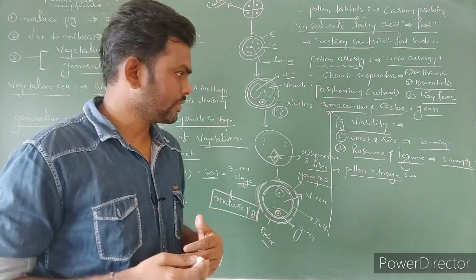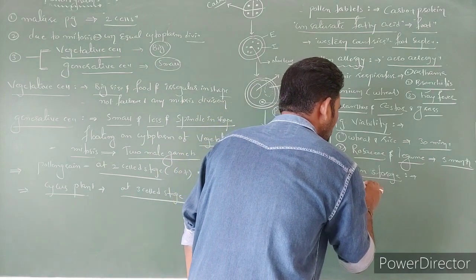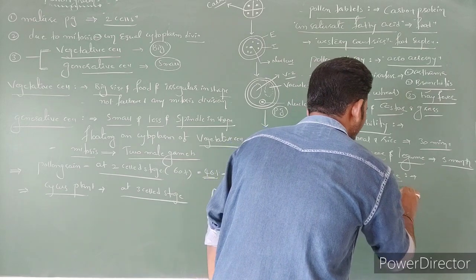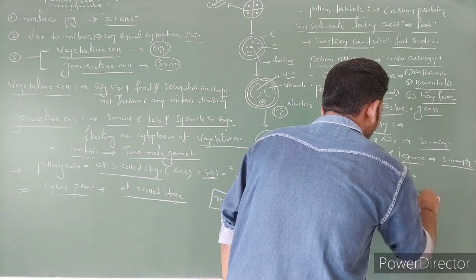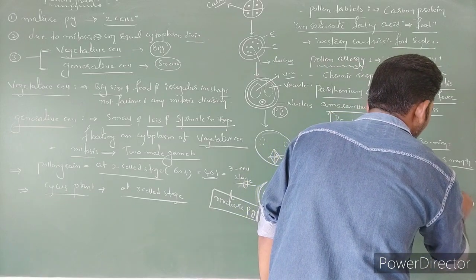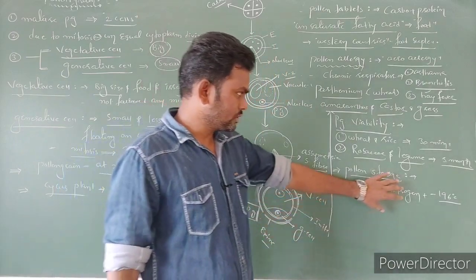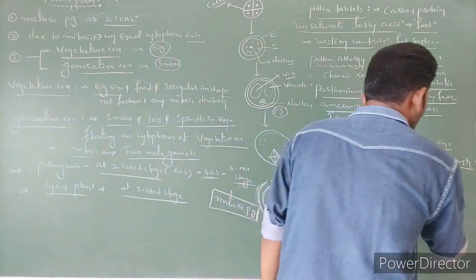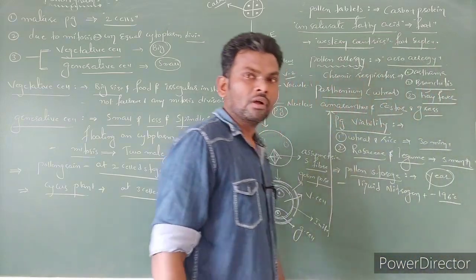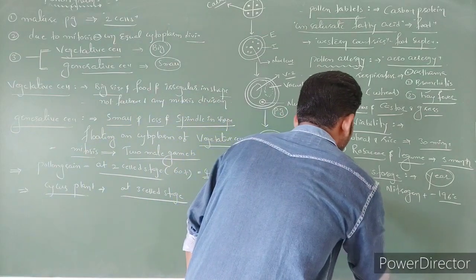The pollen grains are mixed with liquid nitrogen and stored at minus 196 degrees Celsius. By this we can store pollen grains for several years. Such type of storage we call cryopreservation.